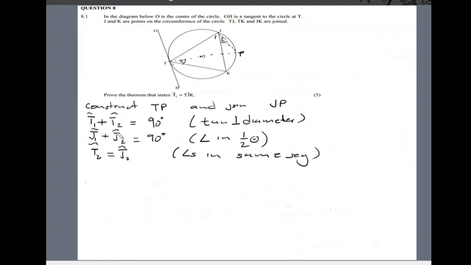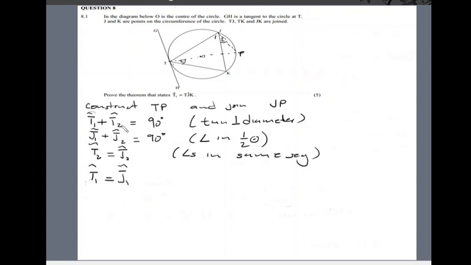Okay, so now because J2 and T2 are equal, it implies that T1 should be equal to J1, right? And then J1 is that angle TJK, right? So we have proved that T1, therefore from what we wrote it follows that T1 and J1 are equal, right?